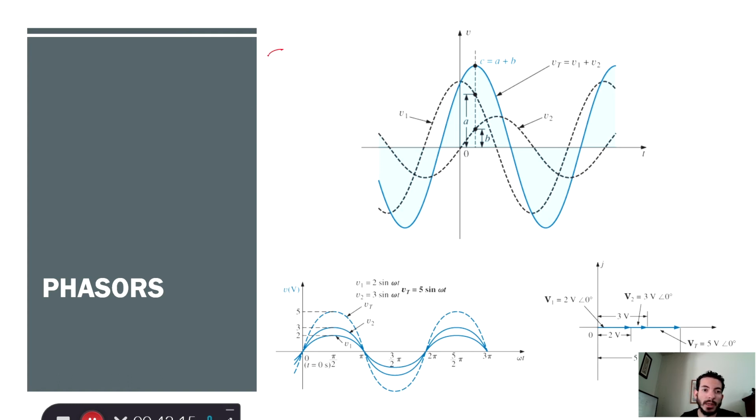And again, we know that for a complex number x plus jy, you transfer into polar form having z with angle, where z is the square root of x squared plus y squared, and the angle is tangent inverse of y over x.